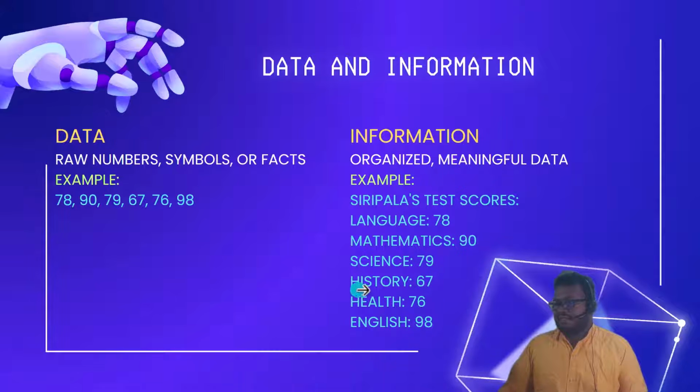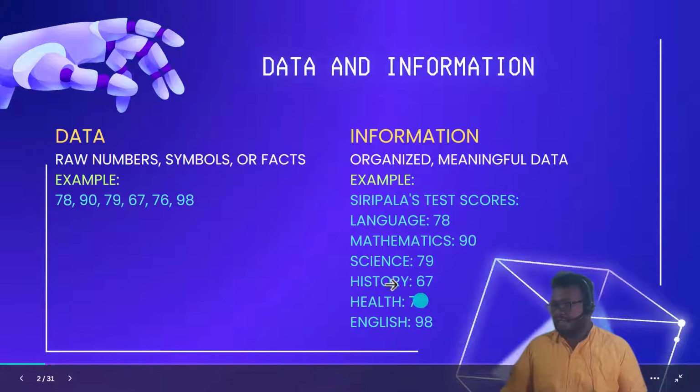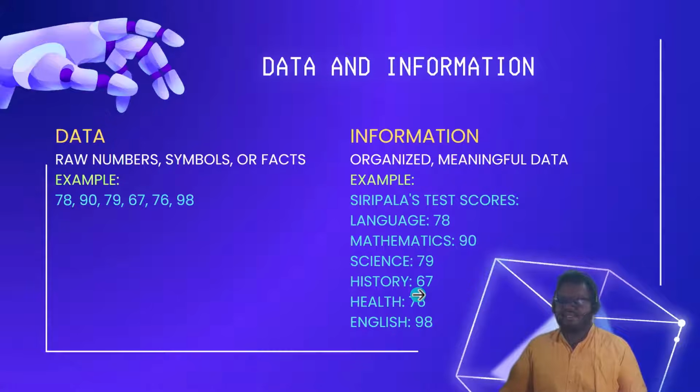You can see that Siripala is good at English and he must improve in history, right? That's what happens when data become information. It tells us a story we can understand and use.